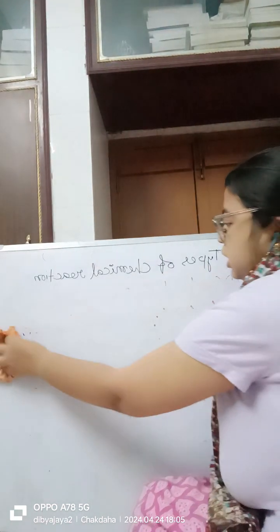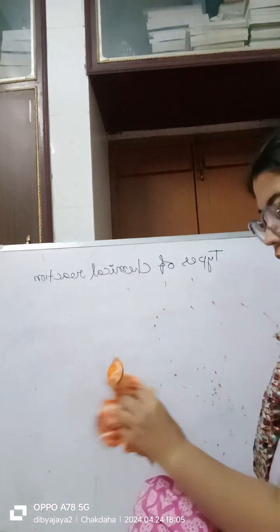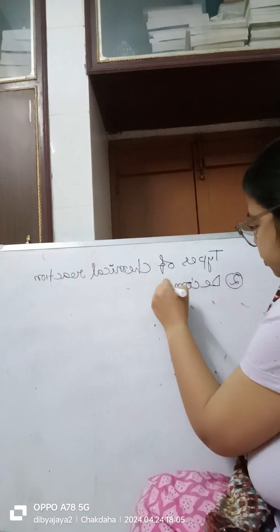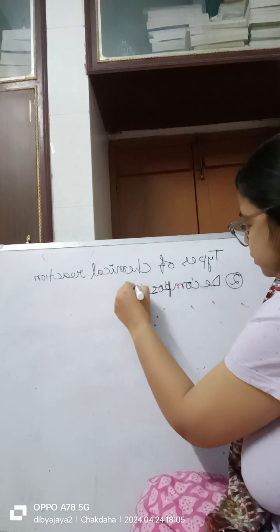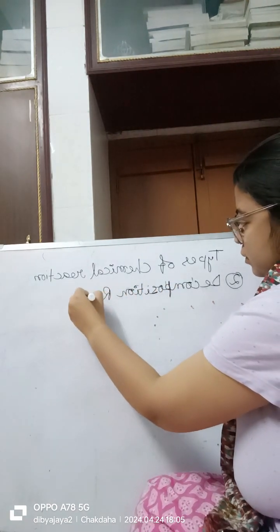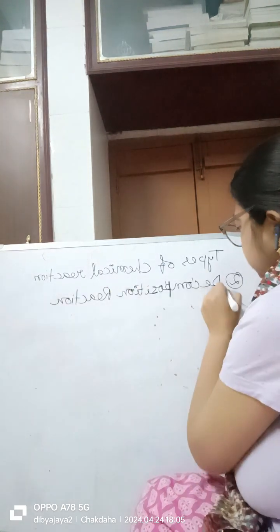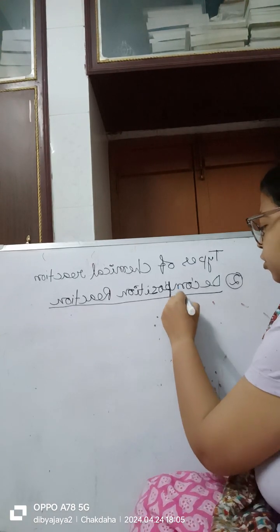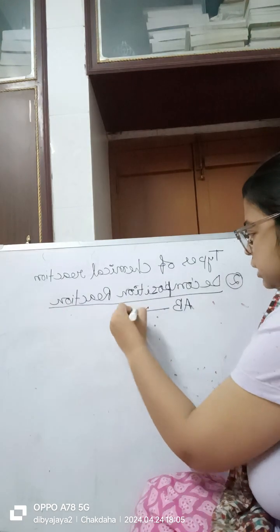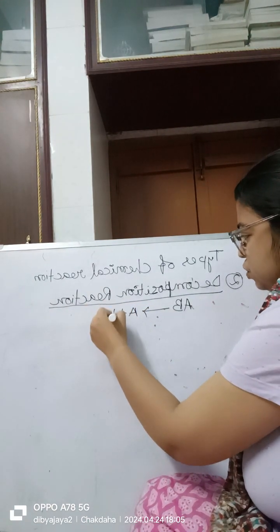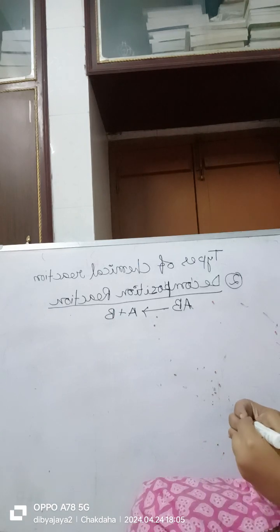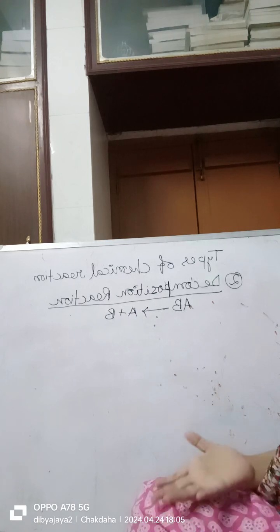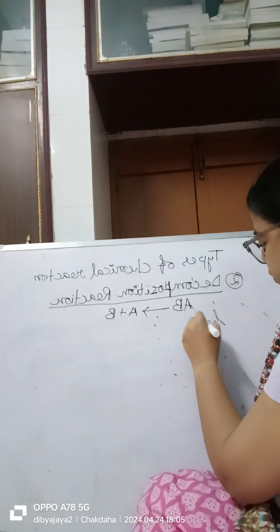Next, we come to the decomposition reaction, part 2. The general formula we know: AB is divided into A plus B. For decomposition, any cause can be there, like heating is one cause.